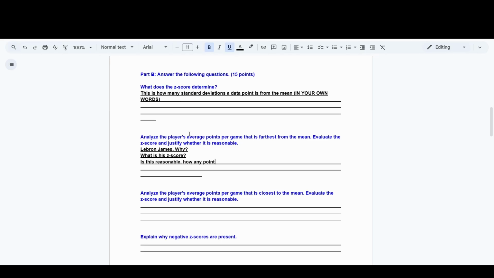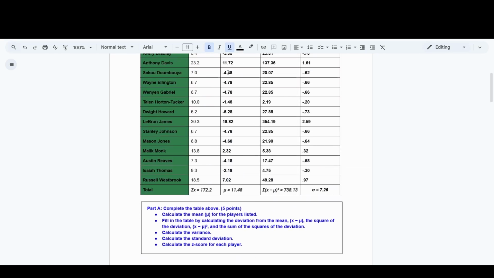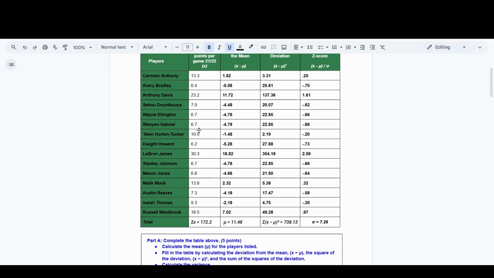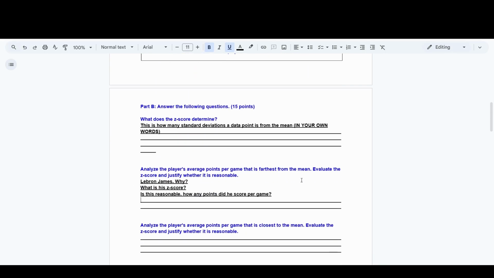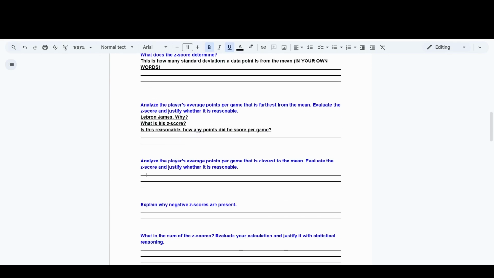How many points did he score per game? And that was 30.3. That was his average points per game. I'm just writing it out like this because I do want you to write that in your own words.